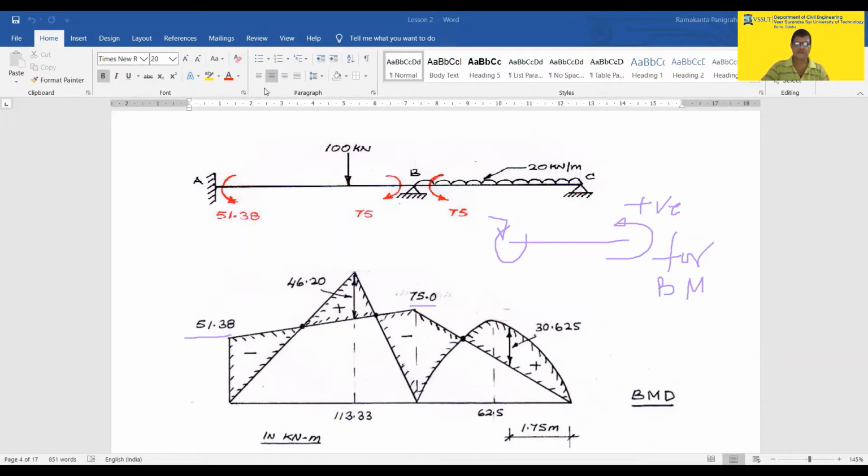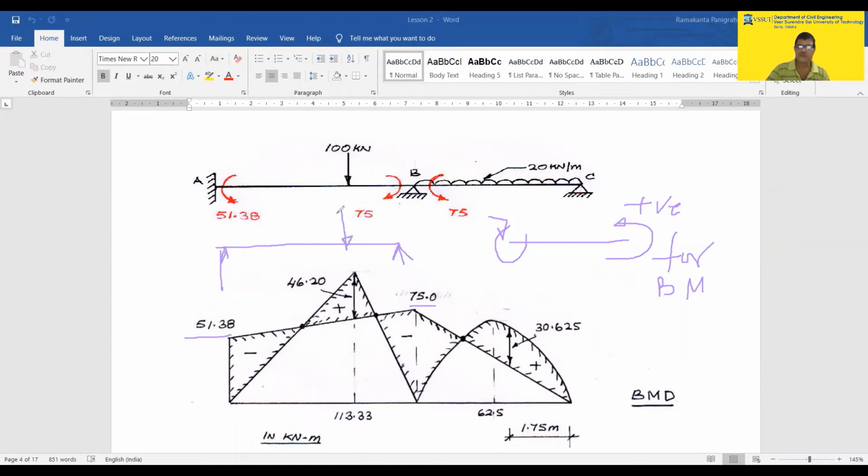So one is the fixed end moment, one is the end moments, and one is the simply supported diagram. You can say AB is simply supported with a point load of 100 kilonewton. What is the bending moment diagram?